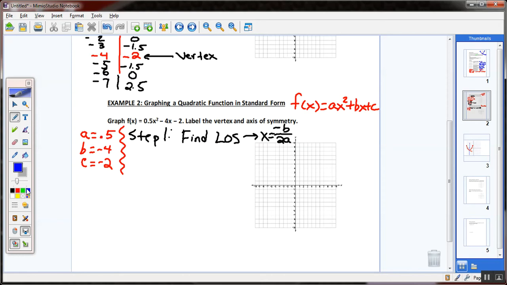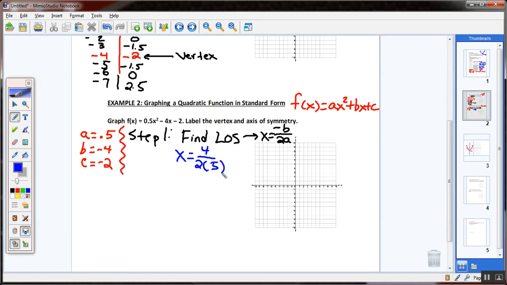In step 1, my line of symmetry, x equals, what is the opposite of b so far, kids? 4. And this will be over 2 times what value? What's the a value? 0.5.